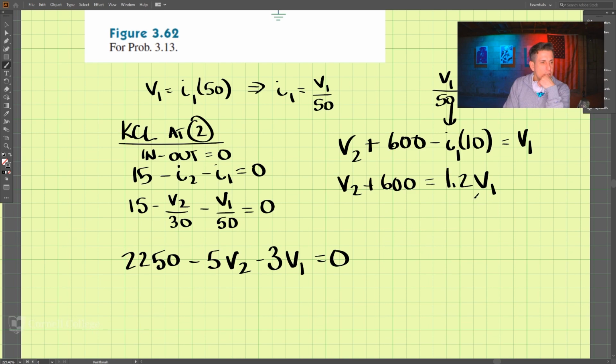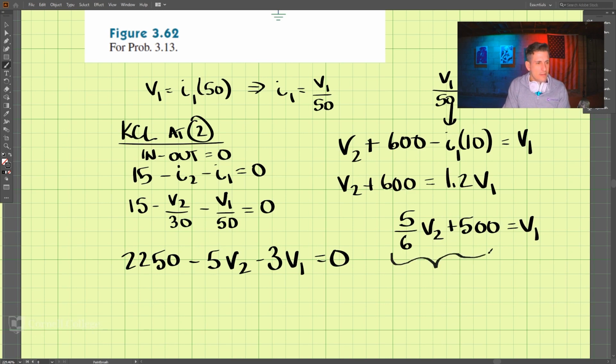Now we can, let's see, V2, 5/6 V2 plus 500 equals V1. We should be able to put that into our V1 here.